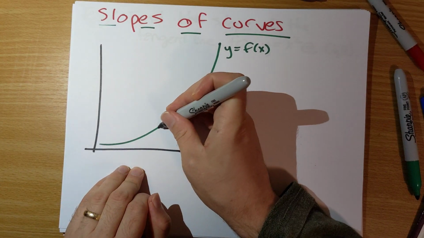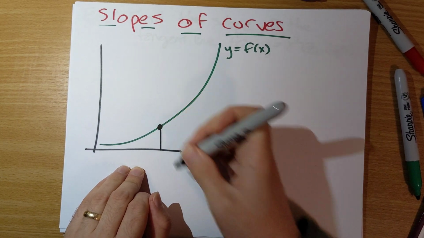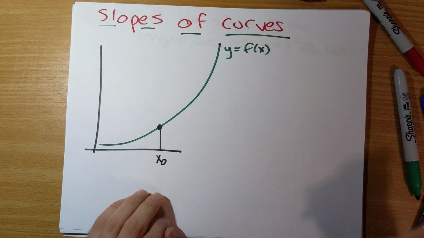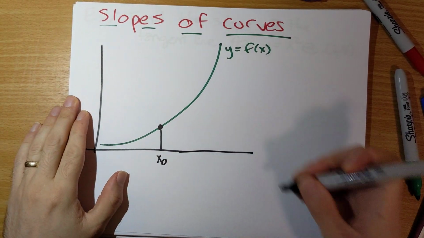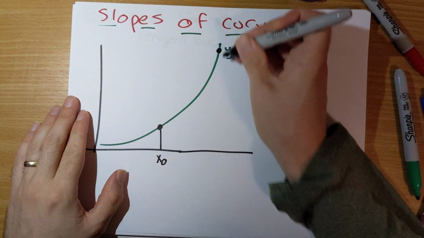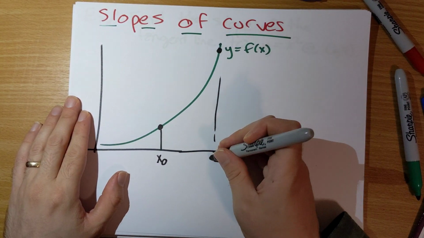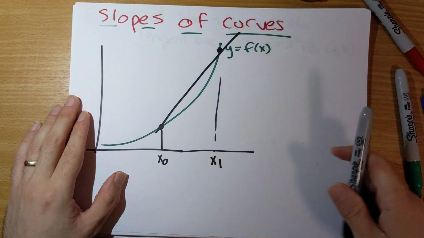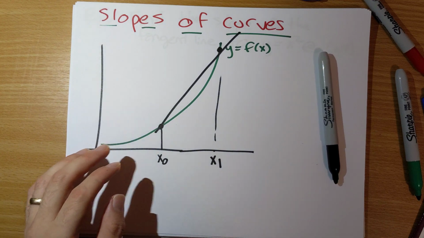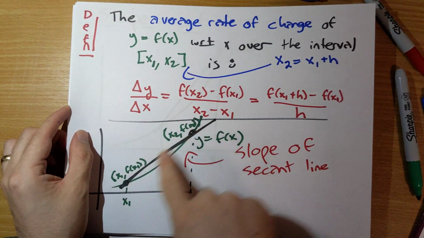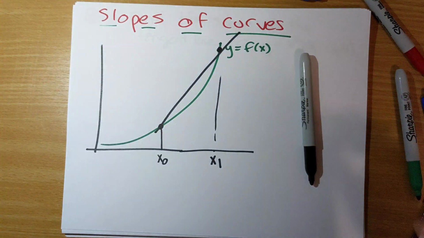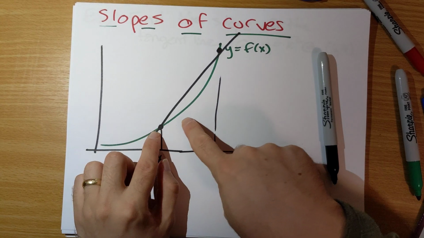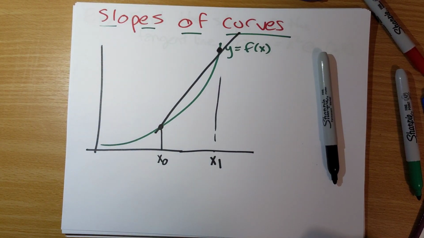If I were to pick this point here, let me call this x naught, and I were to pick another point up here, let me call this x1, we could use the previous work to figure out the slope of the secant line between those two points. And that gives us the average rate of change of our function between x0 and x1.